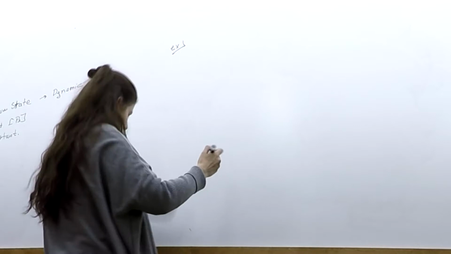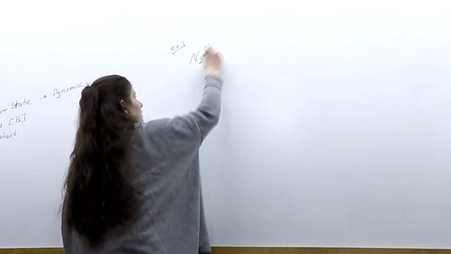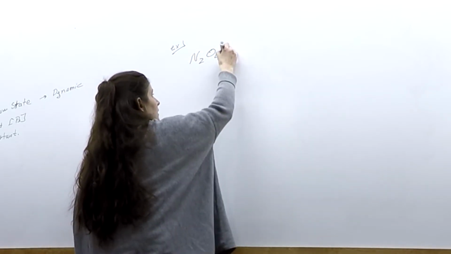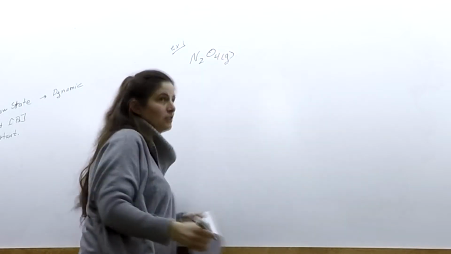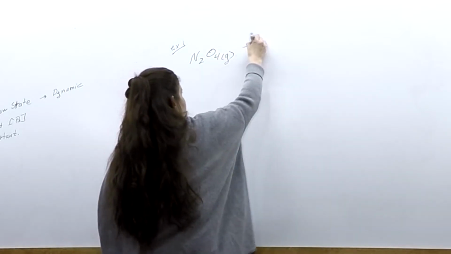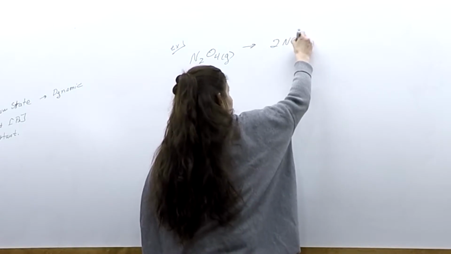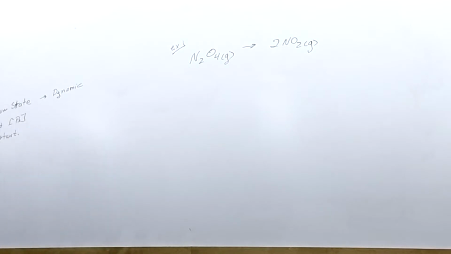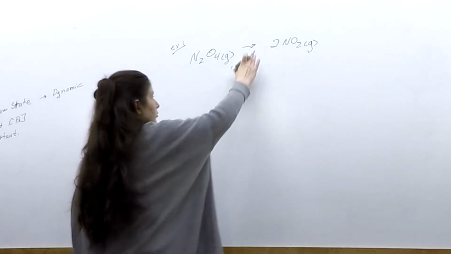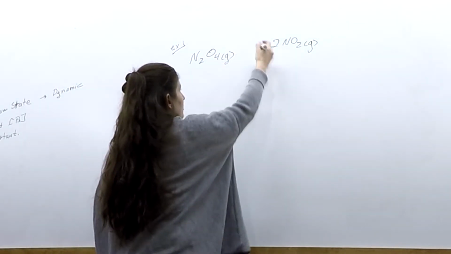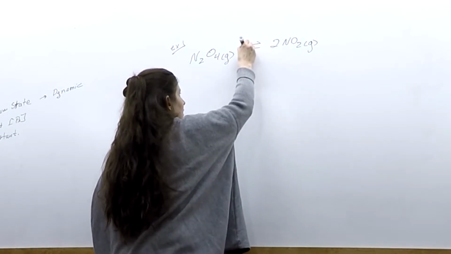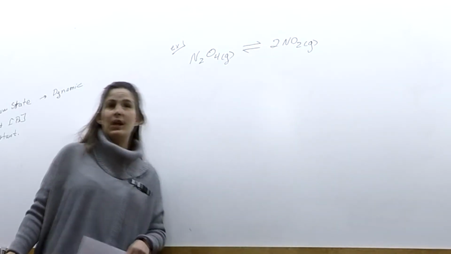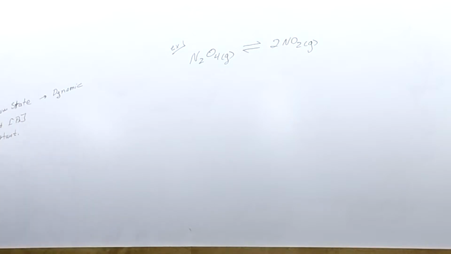An example of one of these reactions: dinitrogen tetroxide will decompose into 2 nitrogen dioxide molecules. This is a reversible reaction, so we are going to forego our normal reaction arrows, and we will use arrows with only one side on it.